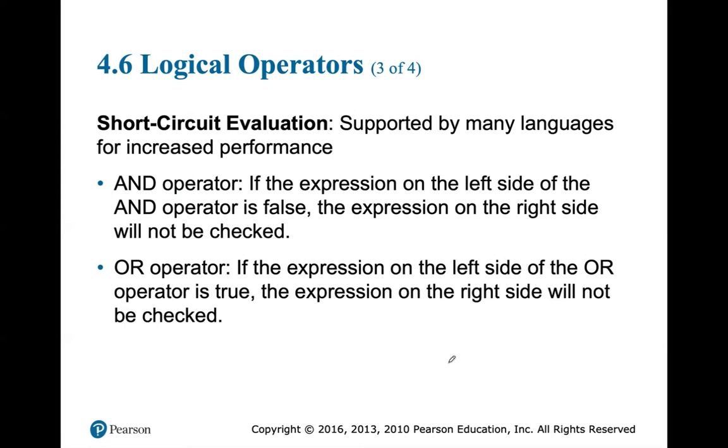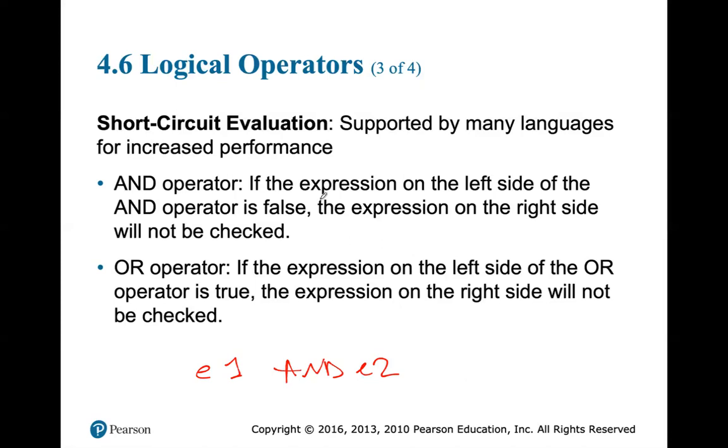One of the ways to do it is short circuit evaluation when it comes to logical operators. With the and operator, since we know that both expression 1 and expression 2 need to be true, if our first expression is false, we would not even be checking expression 2.